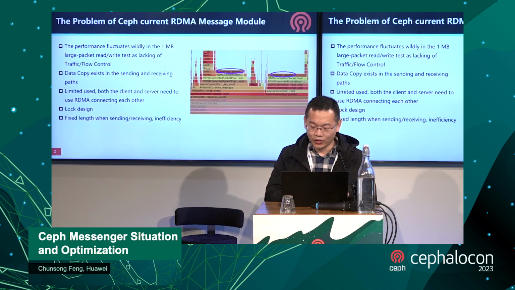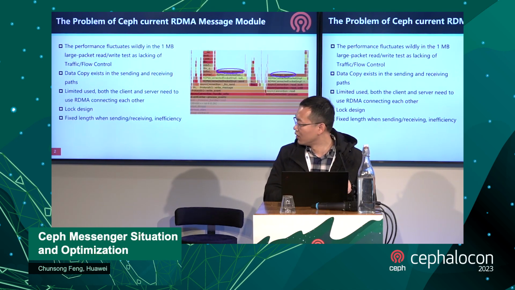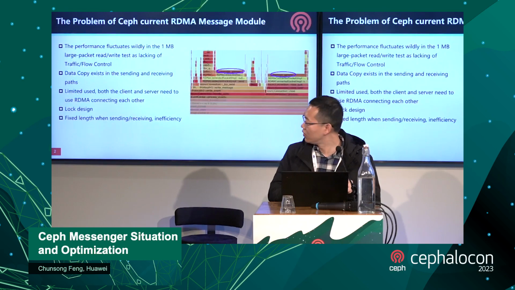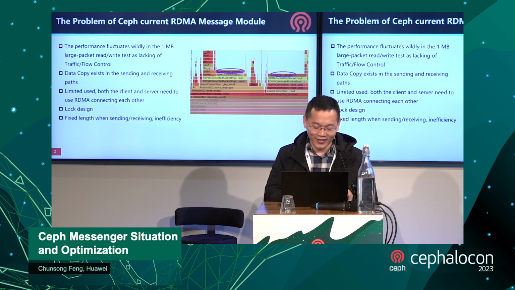Second, you can see in the right picture, there is a data copy in the send and receive path.